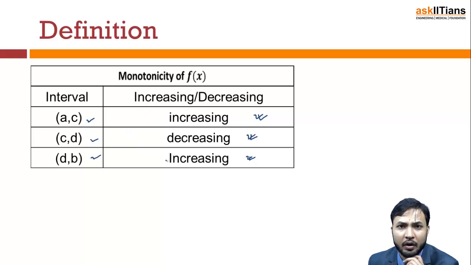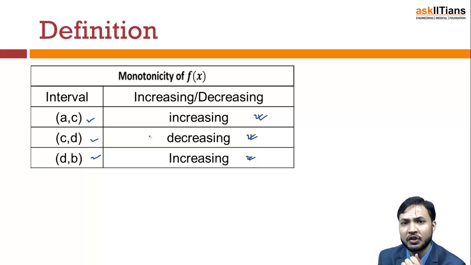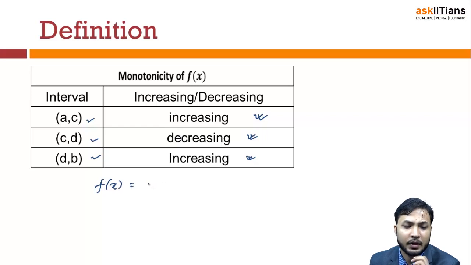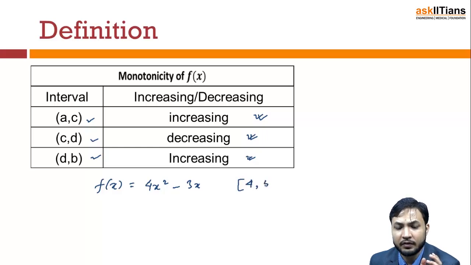Alright, so this is the point that we studied, that there are different values for a function at different intervals. Let's say I define a particular function during an interval 4 to 5, assuming, let's say my function is given by 4x squared minus 3x. Now during a particular interval, and this is all complete assumption, 4 to 5, it might have some values.